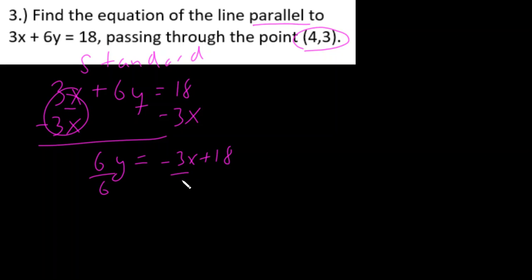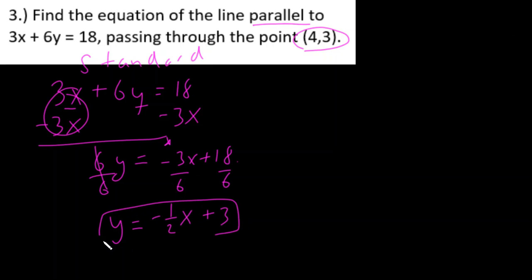We are going to divide each term by 6, and we'll get y is equal to negative 3 over 6, which reduces to negative 1 over 2x, plus 18 divided by 6, which is 3.